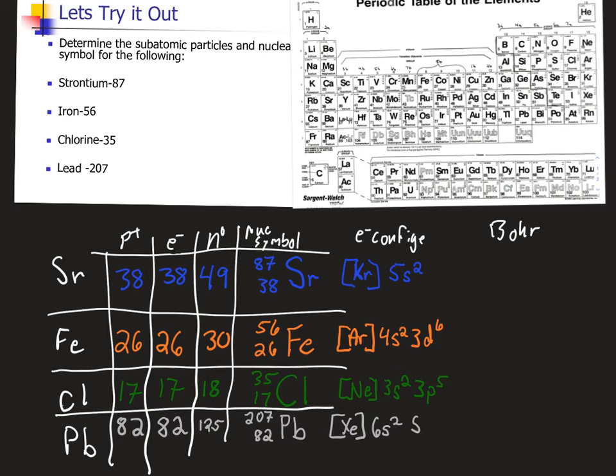Whether you write 5d10, 4f14, or if you write 6s2, 4f14, I'd be okay with that. 5d10, 4f14, it really doesn't matter. 6p2 would be your next one.